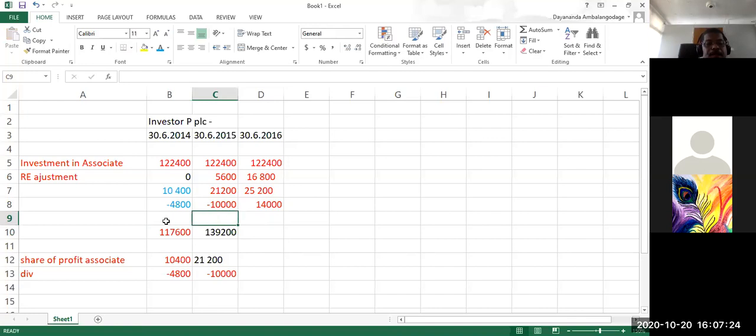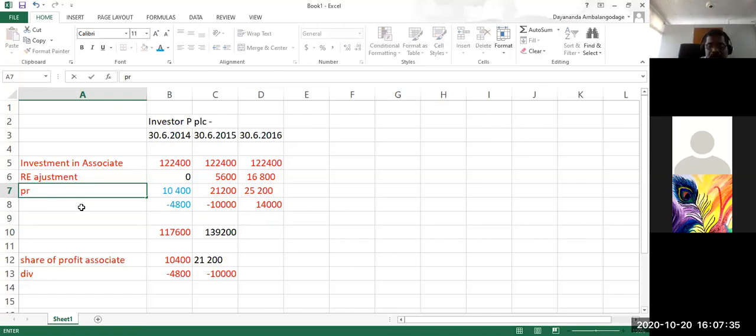which is OCI. This is really the retained profit for the year. This is the share of profit.